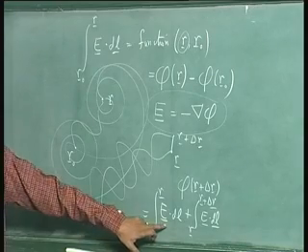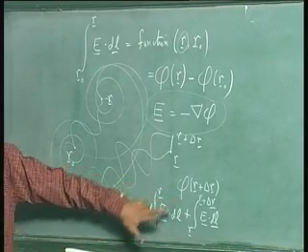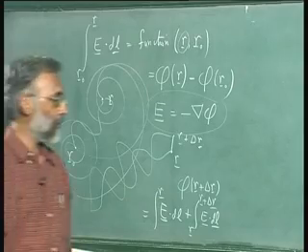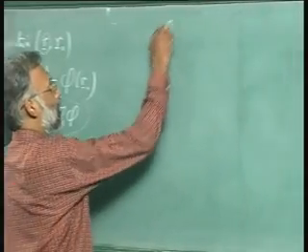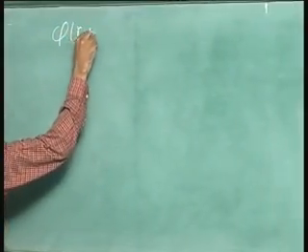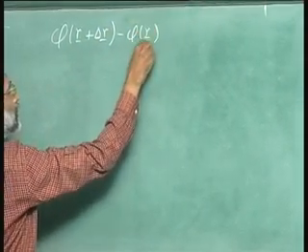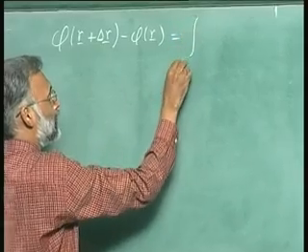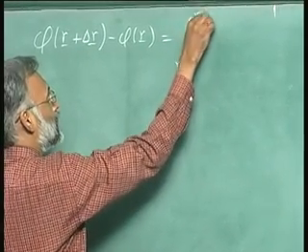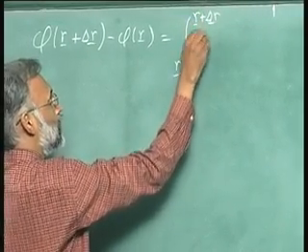But this is nothing but phi of r. So, I get an equation which says phi of r plus delta r minus phi of r is equal to the integral from r to r plus delta r of E dot dl.